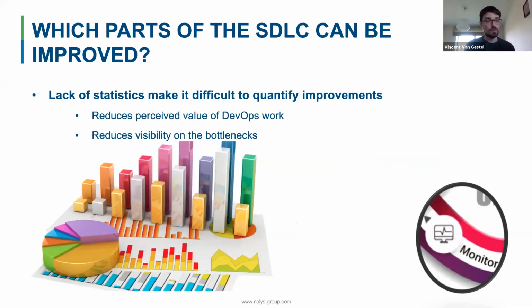Finally, I want to talk about monitoring. This is a very important aspect of the DevOps way of working, that you base yourself and the optimizations that you want to do on real actual data that you've gathered. And this data is often not present or very difficult to acquire. Then people will have to trust their gut, like, oh yeah, this process takes fairly long, maybe we can look there.